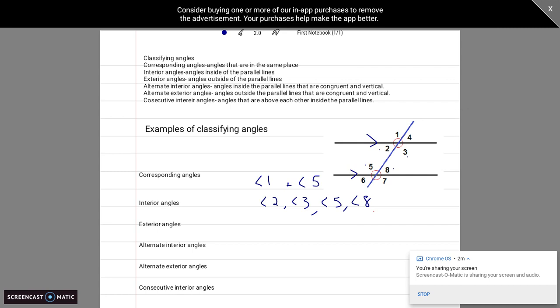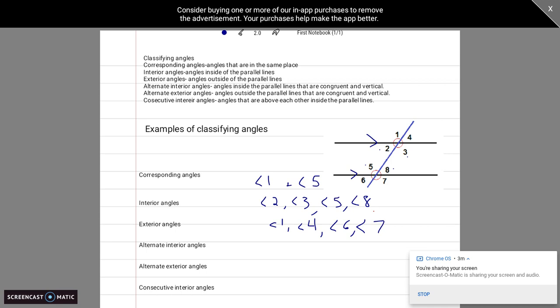If you think of those parallel lines as the walls of a house, they are on the inside of the house. Exterior angles are on the outside, so the angles that are left over. In this case, it's going to be angles 1, 4, 6, and 7.